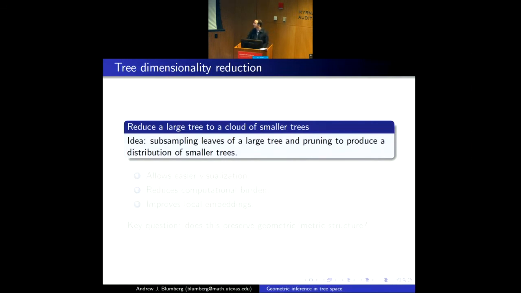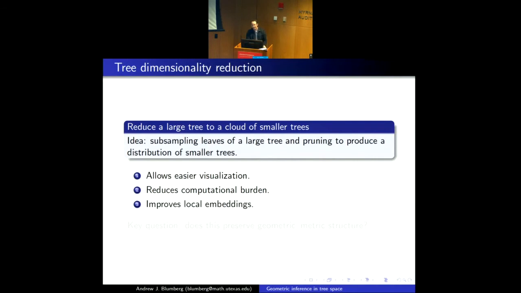And I'll have a picture of this in the next slide. But the broad idea is you have a very large tree, and you turn that into a cloud or a distribution of smaller trees. And this allows for reasonable visualizations and reduces the computational burden of working with this. One of the things I didn't talk about is that the algorithmic details of computing the metric in this space are involved. And this improves the behavior of these local embeddings.